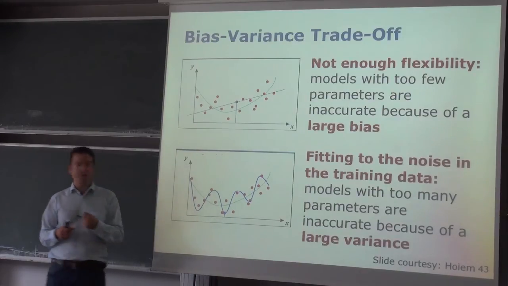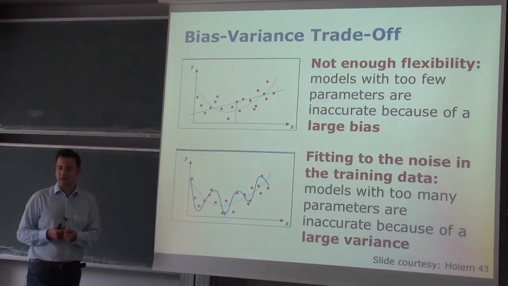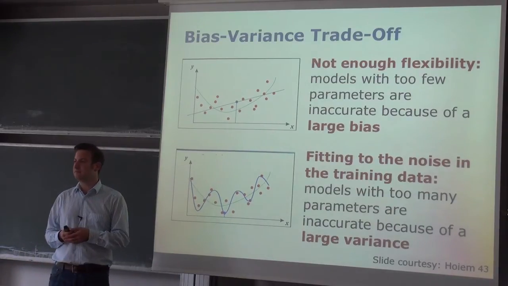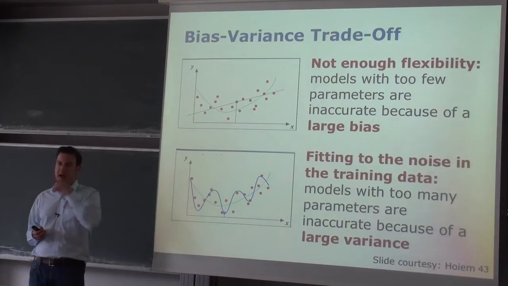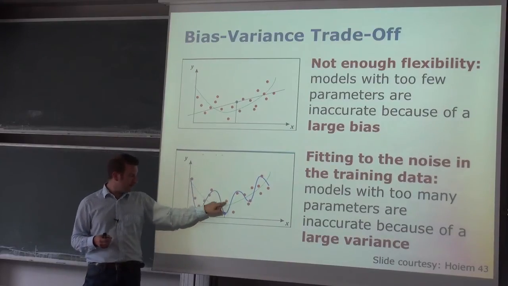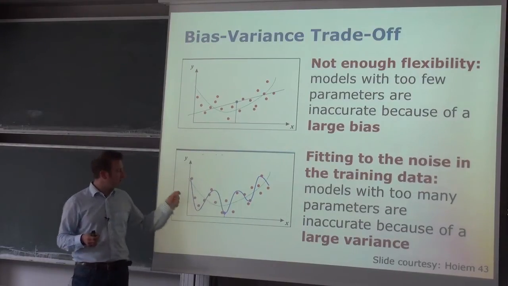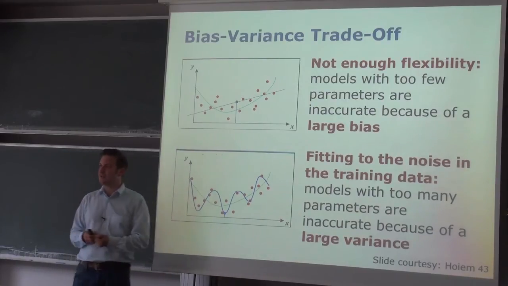Then I have the problem that I'm basically fitting my model to the noise that I have in my training data. And this is something which is called overfitting. I overfit to this data set. And as a result, if I use a different data set, so a couple of slightly different red points, I will also get a different function. So this introduces a large variance.